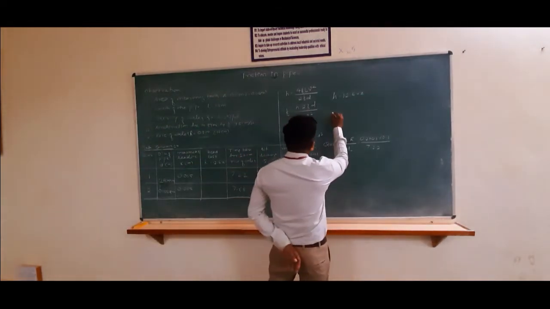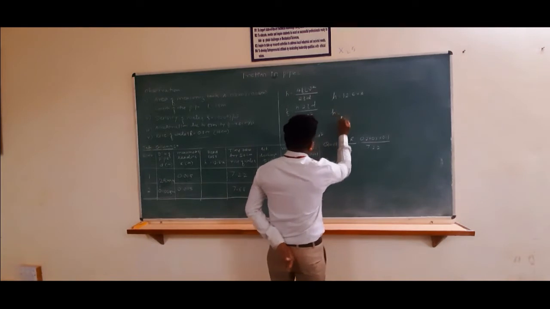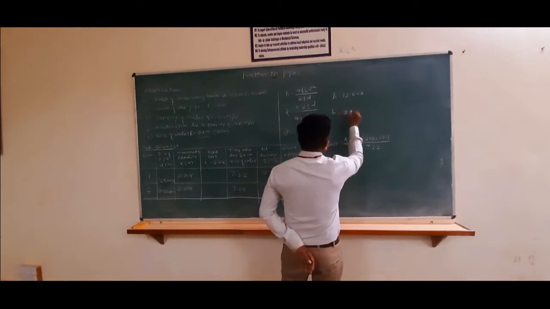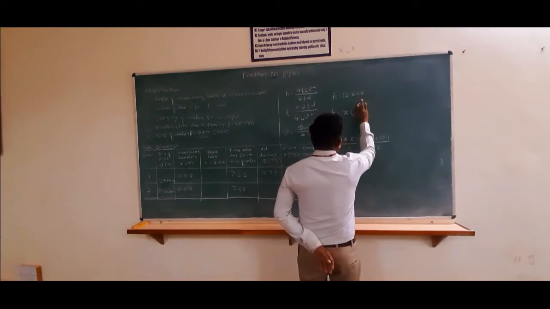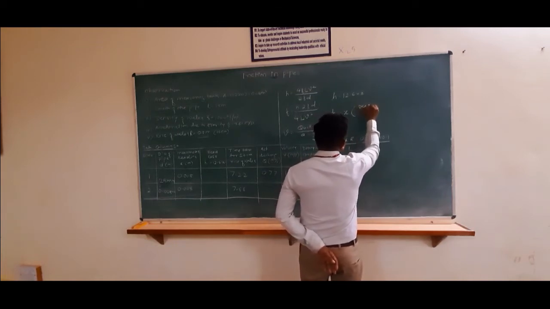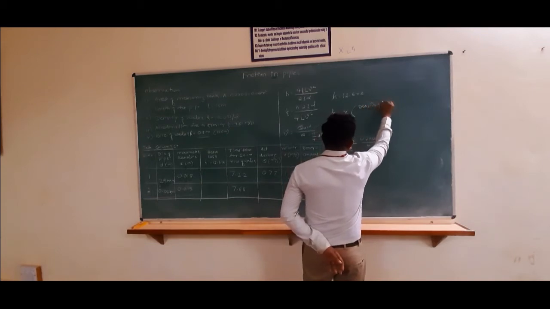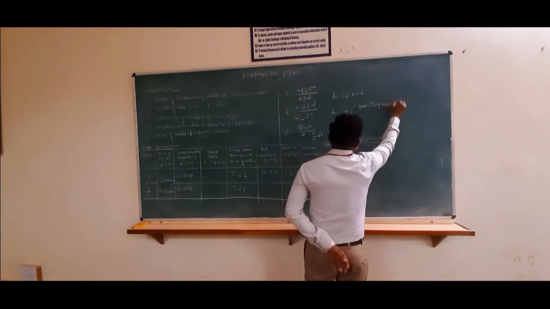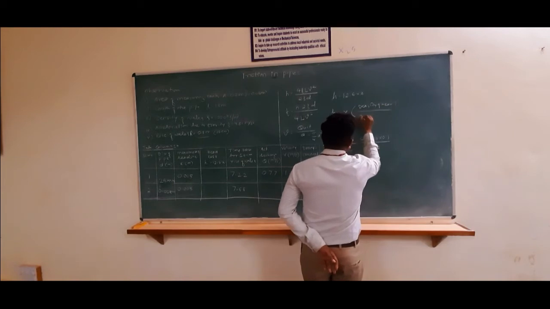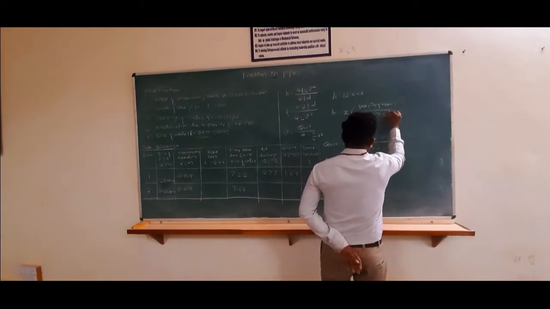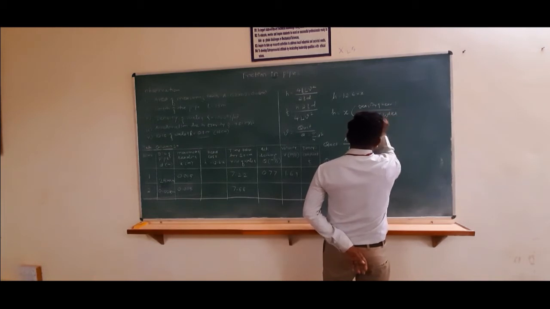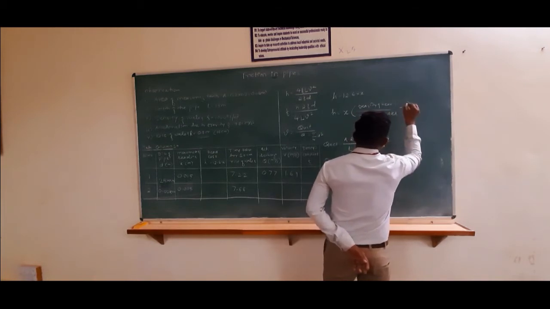We have one more equation, that is h is equal to x into the density of heavier liquid divided by density of lighter liquid minus 1.